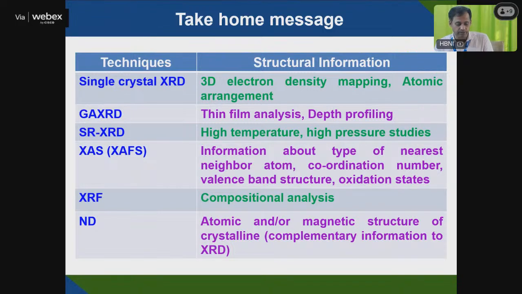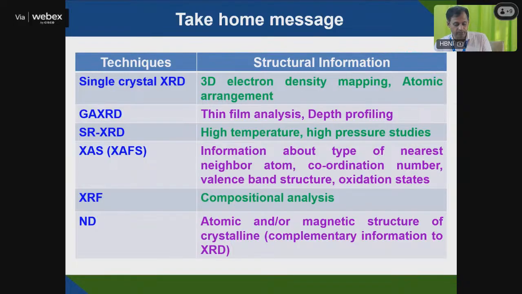High temperature and high pressure, or very low concentration or very low quantity samples, can be done with synchrotron radiation. XANES gives you oxidation state and coordination number, and EXAFS gives coordination number, bond length, bond order, all those things.